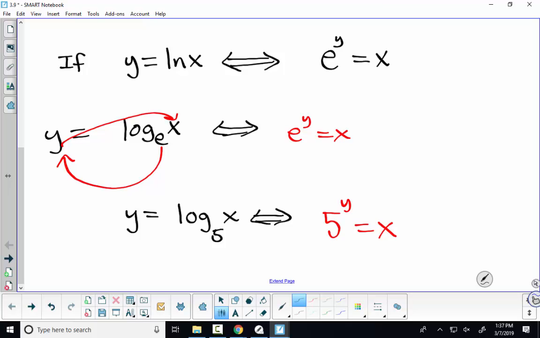Okay, so we don't know the derivative for y equals natural log of x, but we can equivalently express that as e to the y equals x. Can we find the derivative of e to the y equals x?